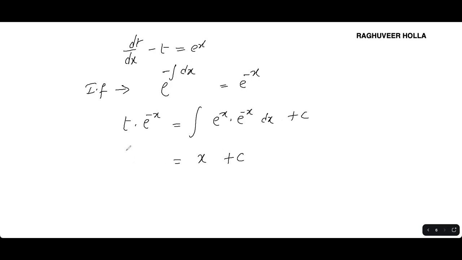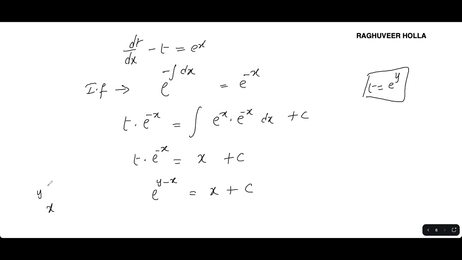And now this will be t. I'll get back the same function, which is t, which is e to the power of t, which we have taken as e to the power of y. Let us substitute this. So e to the power of y, and this is e to the power of minus x. So e to the power of y minus x is equal to x plus c. Now to get the value of c, let us substitute.